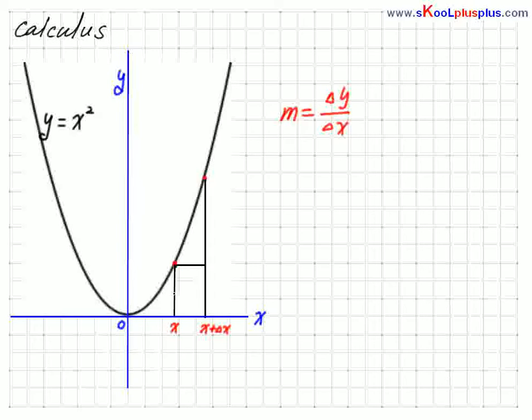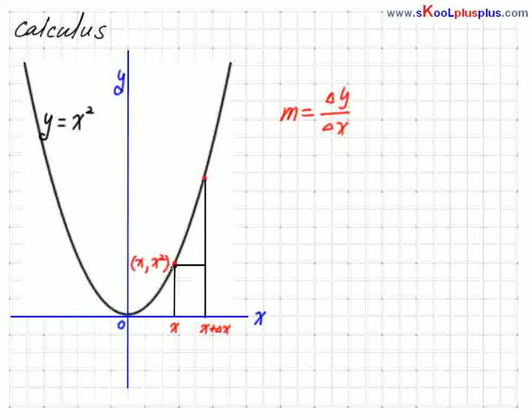Alright, what about the y value? The y value right here is x squared actually. So we can call this one x comma x squared. Wow. So now we move a little bit. Okay, so this length up to that point is x plus delta x squared, right?